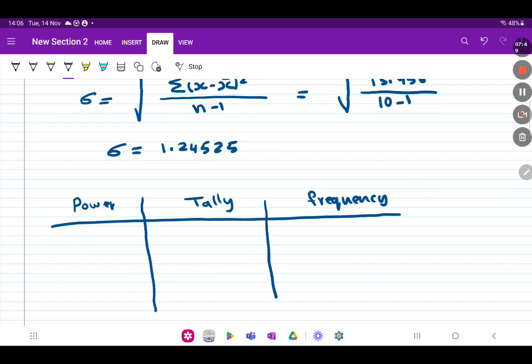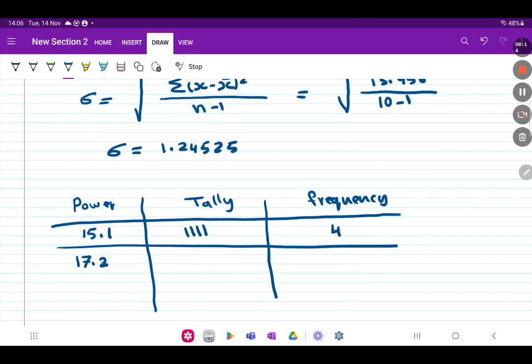All right, so let's start with the first one. We've got 15.1. How many 15.1 do we have? 1, 2, 3, 4. So I'm going to write 1, 2, 3, 4. Our frequency is 4. Okay. The next number, 17.2.